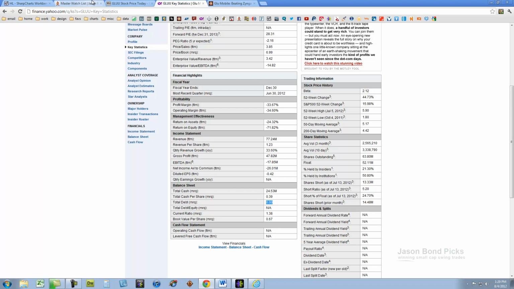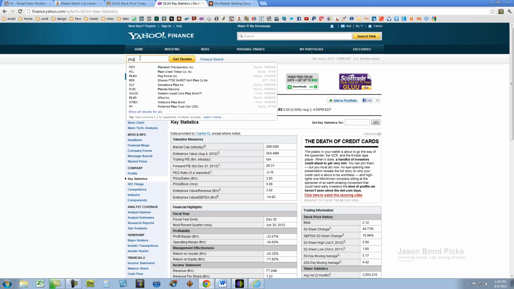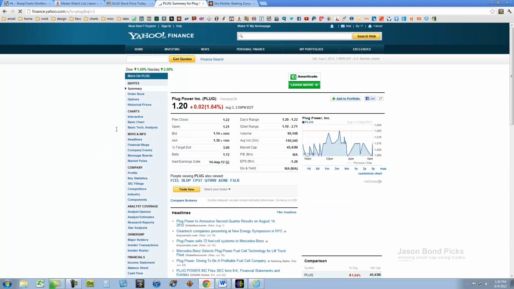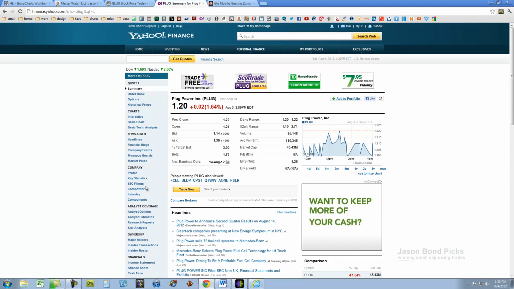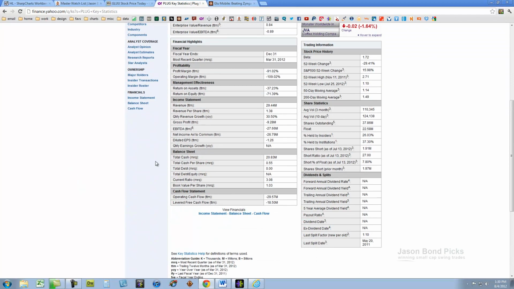Does that make sense? Quite possibly one of the most important things to check in on with your trades is, are they going to have to do a financing? What is their cash position? Do they need to raise money? Plug is another good example. Company's struggling, but guess what?